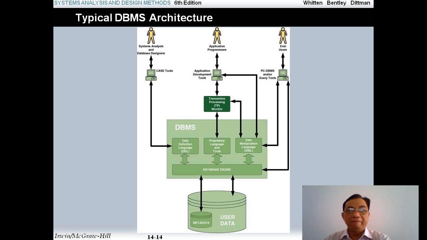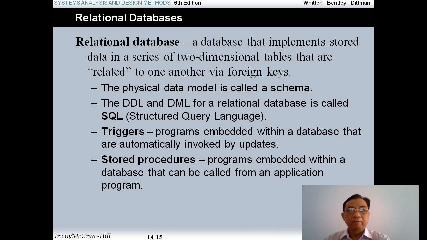Now you see some typical DBMS, like Oracle, SQL Server, DB2, and so forth. Now let me go to relational database. A relational database stores data in a series of two-dimensional tables that are related to one another via foreign keys.